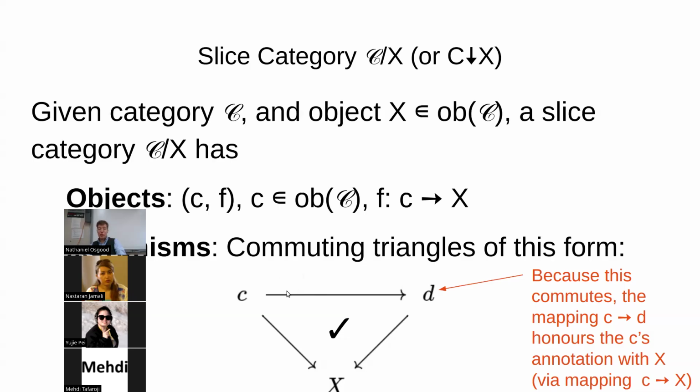in order for there to be a morphism in the slice category, that new object that it maps to has to itself have a mapping to X that is compatible with this original mapping.